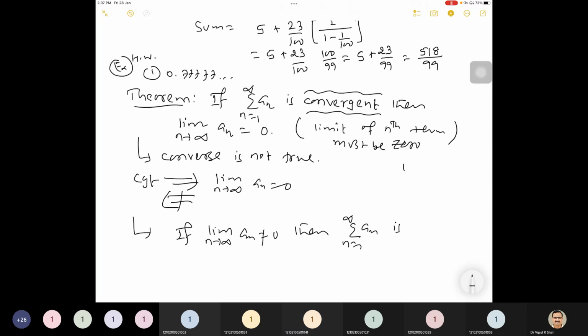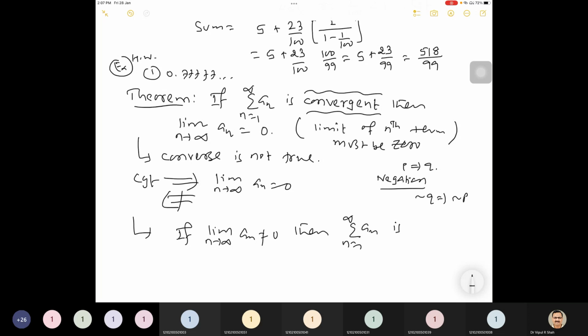Divergent. You have done this in 11th. P implies Q. What is the negation of that? Not Q implies not P. Yes or no?